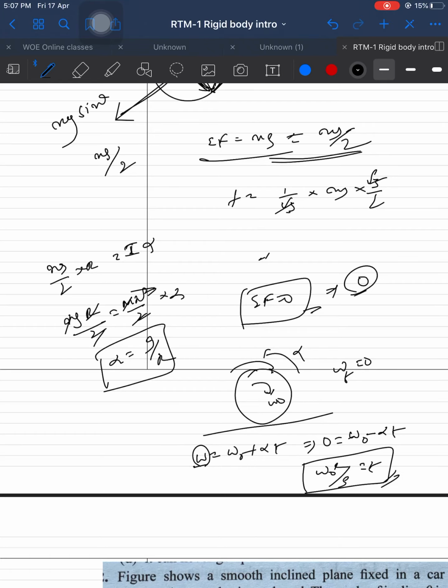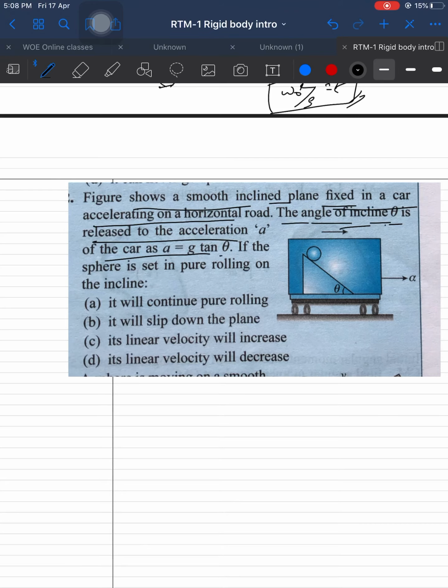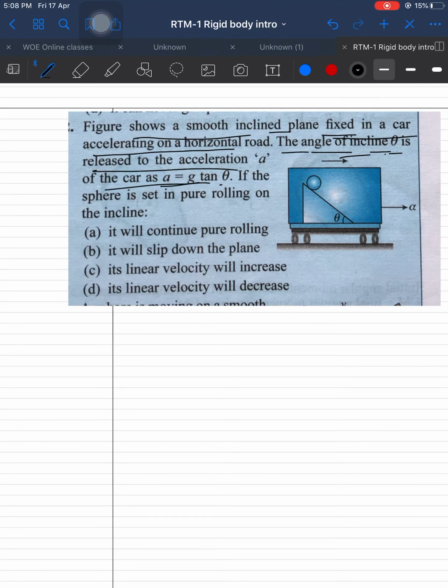So see here, the figure shows a smooth inclined plane fixed on a car accelerating in the horizontal direction. The angle of inclination is theta, and the body is released with acceleration a equal to g tan theta. When the body is moving, a pseudo force acts on the body.